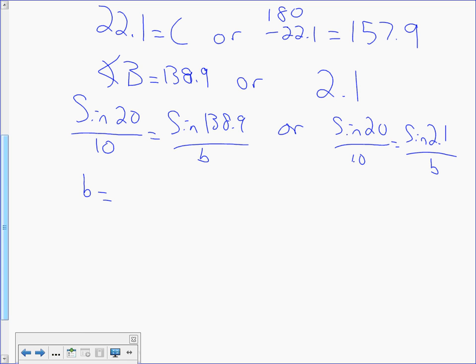So B here is going to equal 10 sine of 138.9 over the sine of 20.